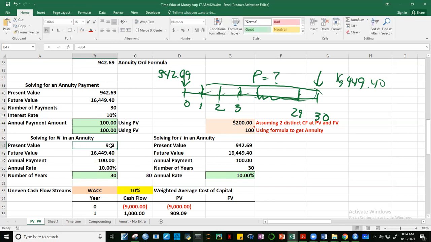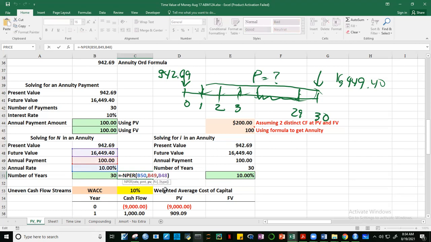Kasi hindi naman natin tinype yan. We linked it to yung original na value niya. Okay, so ang ginamit ni Robert guys is negative NPER. Okay, B50, rate is B50, PMT is B49, and then future, ang ginamit niya is future value ba? Oh yeah, B48. Yes po, sir.